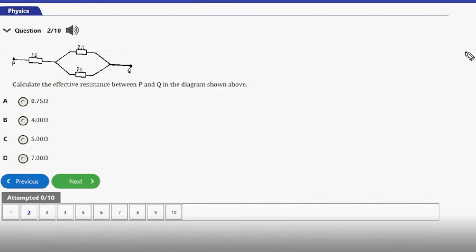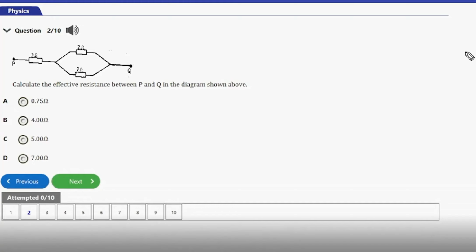You can see here that we have a diagram, and the question says calculate the effective resistance between P and Q in the diagram shown above. So guys, we're going to do this together. Since we have P at this end and Q at this other end, we have to know how we can add resistors in parallel and how we can also add resistors in series.